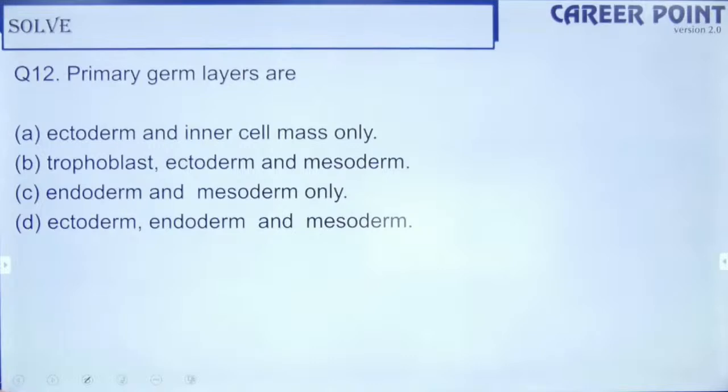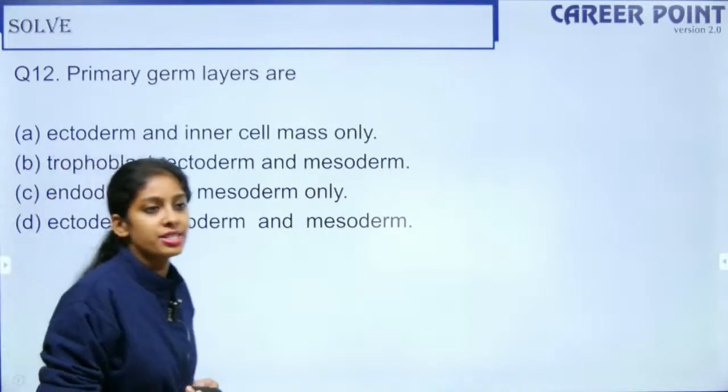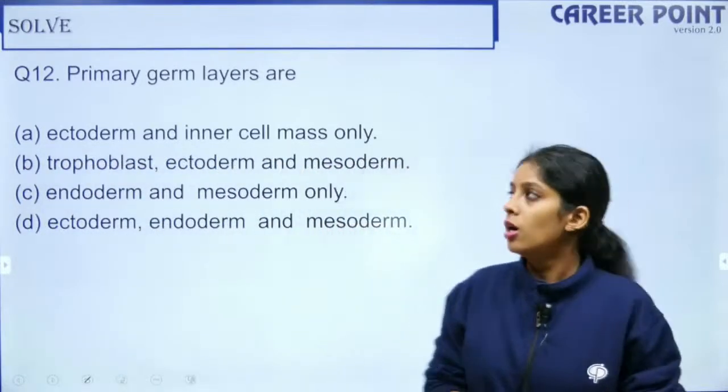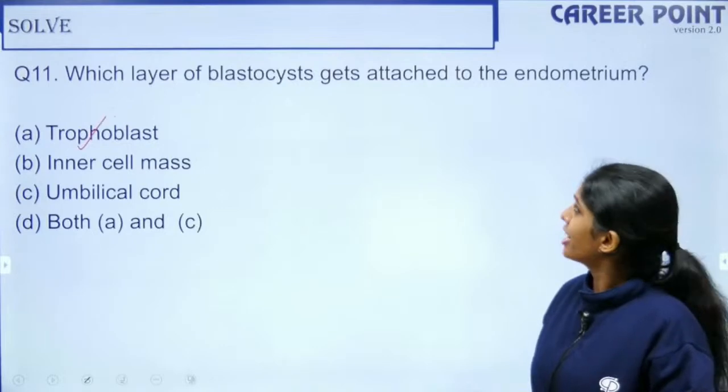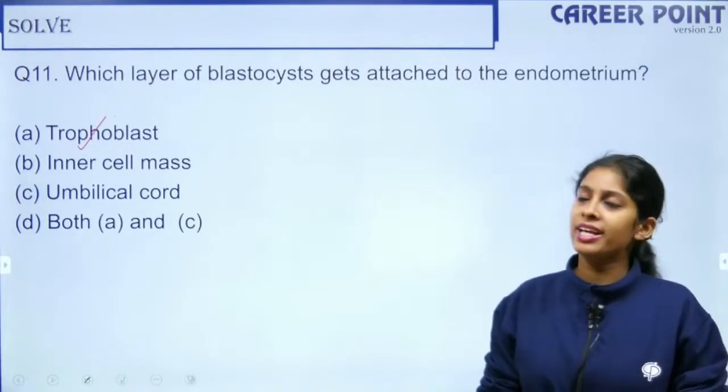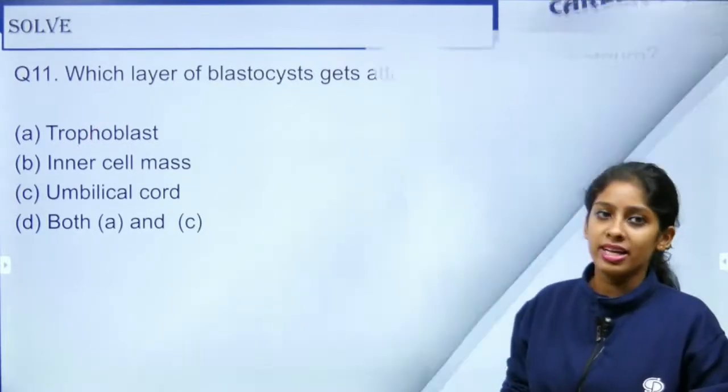So question 12. The primary germ layers are ectoderm and inner cell mass only, trophoblast, ectoderm, mesoderm, endoderm and mesoderm only, or ectoderm, endoderm and mesoderm. So what are the germ layers that are formed? Shimpi says C, umbilical cord gets attached. No, the umbilical cord forms after implantation.